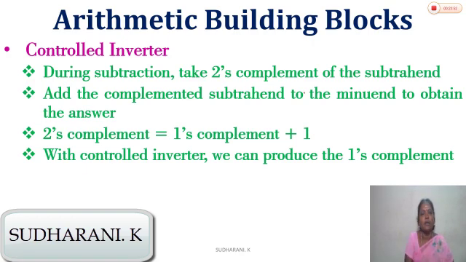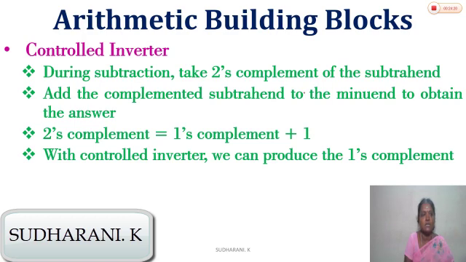In what way will the controlled inverter be helpful in an arithmetic circuit? During subtraction, the operation will be performed by taking 2's complement of the subtrahend. Then the complemented subtrahend will be added to the minuend to obtain the answer.